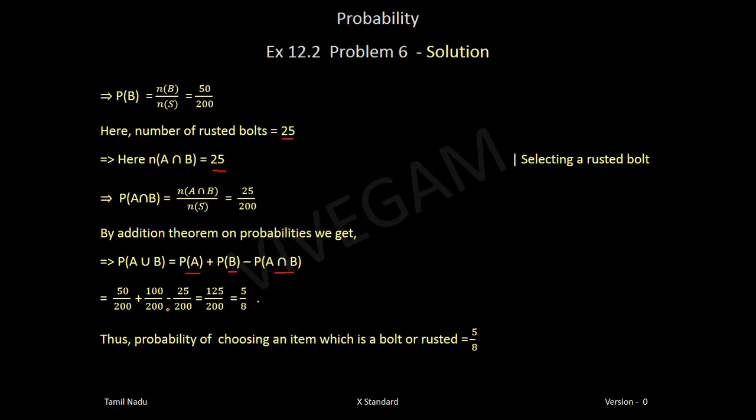So, substituting all these things, we get 50 plus 100, 150 minus 25, it's 125 by 200. The denominator is the same, so that's why I am adding and subtracting the numerator straight away. And 125 by 200: 25 will go 5 times, 25 will go 8 times. So, it is 5 by 8. Thus, the probability of choosing an item which is bolt or rusted is 5 by 8.